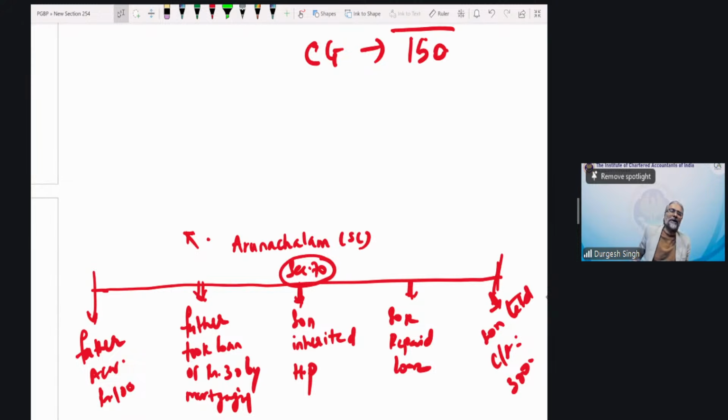Is that point clear to all of you students? Sir, I have a query. Even though assets are inherited, the liabilities are also inherited, right? So on that angle, father's whole right actually got transferred to son. Yes, that is true.